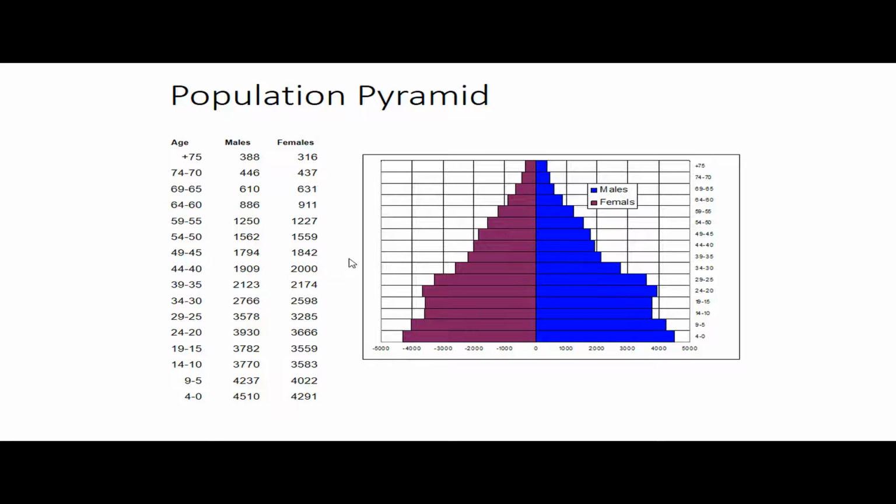This shows a population pyramid of Egypt. Population pyramids give the number of males and females in age ranges of 5 years after birth up to more than 75 years old. Now you get the males on the right side, the number of females on the left side, and you get the age ranges here.